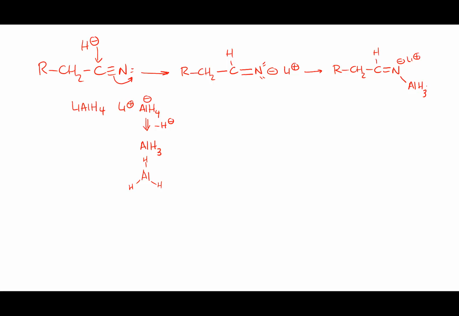And that's going to be one of those bonds where the nitrogen takes its pair of electrons and basically shares it with the aluminum. Now, the aluminum hydride can then take a second H minus and have the second H minus attack that carbon.